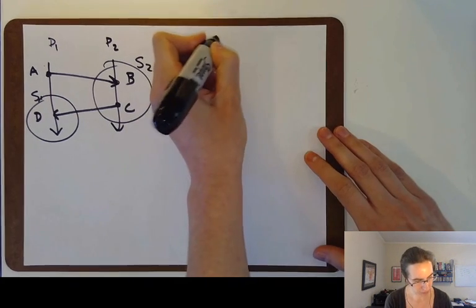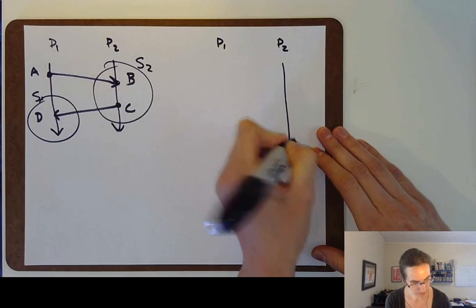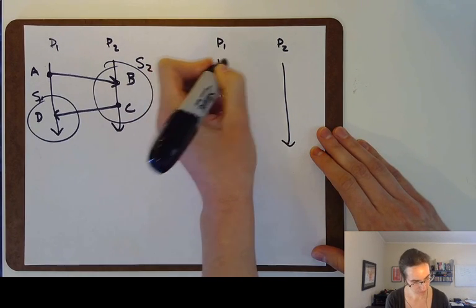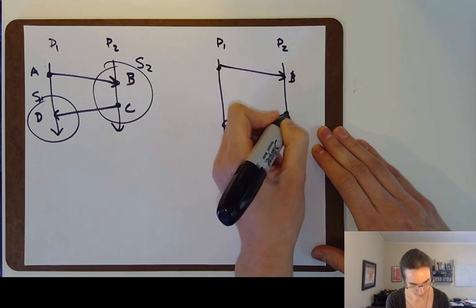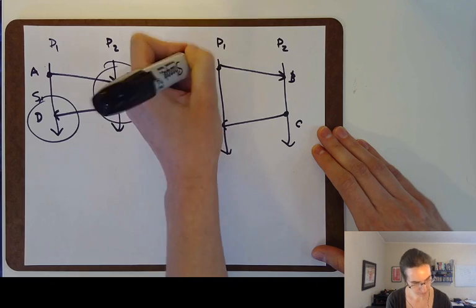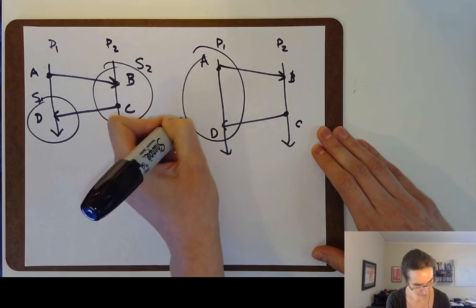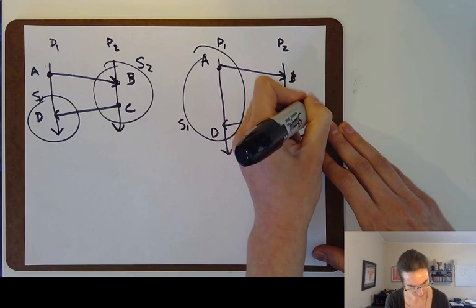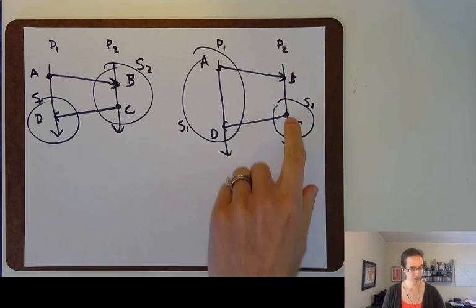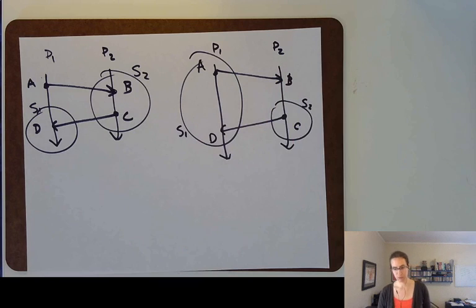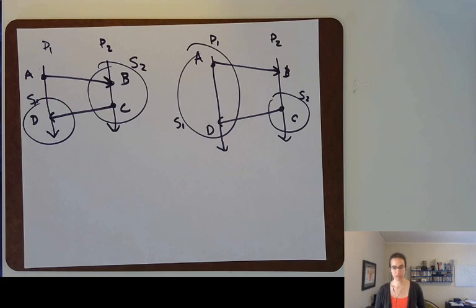Or here's another one that wouldn't make sense. This one wouldn't make sense either, because we've got C here, but we don't have B, which happened before C. So these would be weird snapshots. As it turns out, the Chandy-Lamport algorithm won't let you take a snapshot like that.